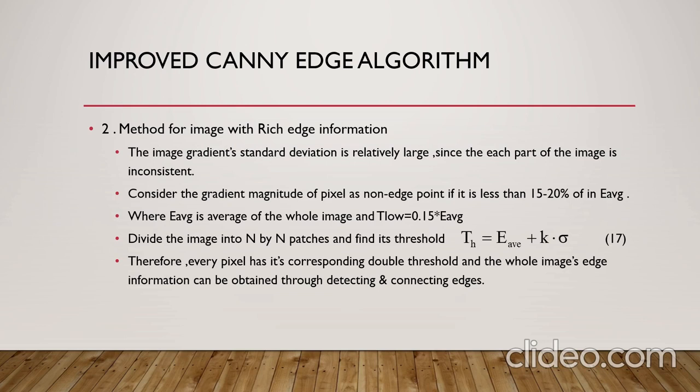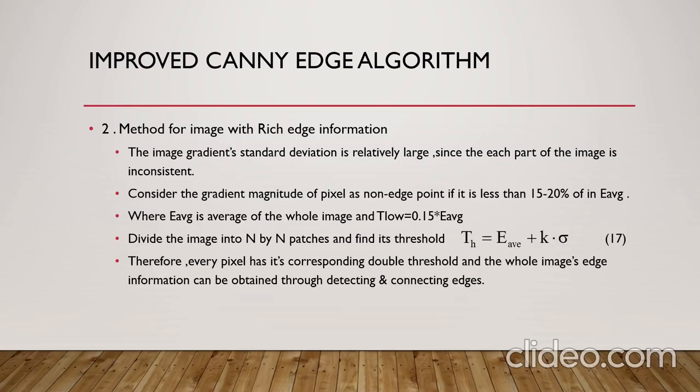The second method is for images with rich edge information. The image's gradient standard deviation is relatively large here since each part of the image is inconsistent. So we consider the pixels which are less than the lower threshold value as non-edge pixels.